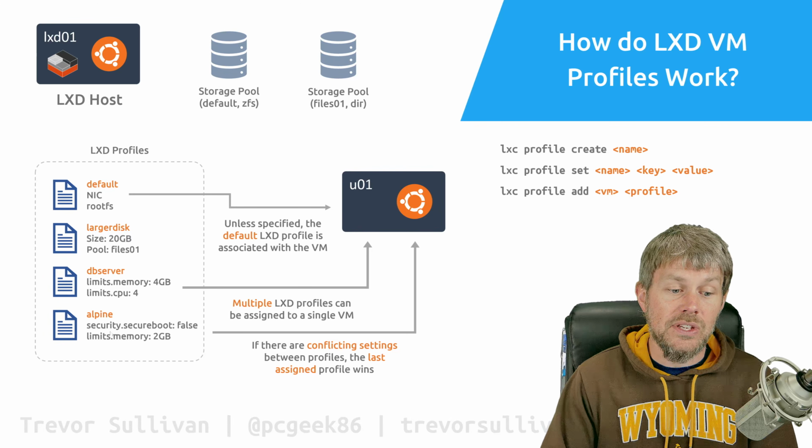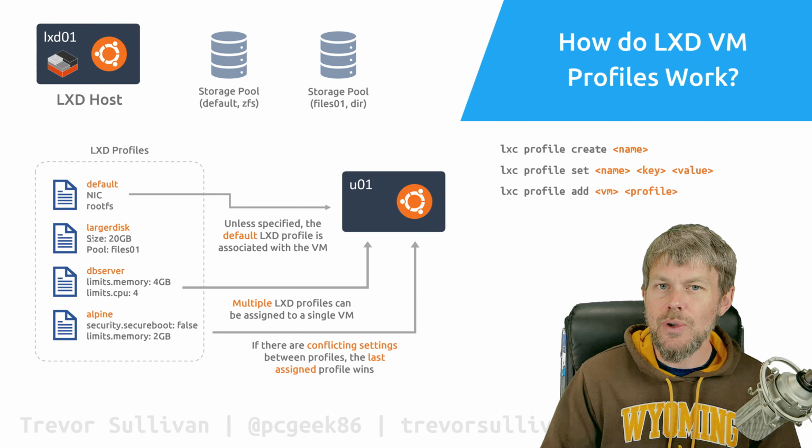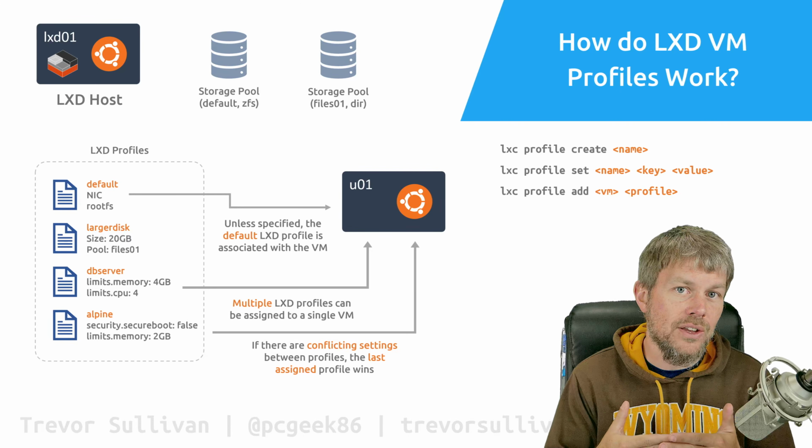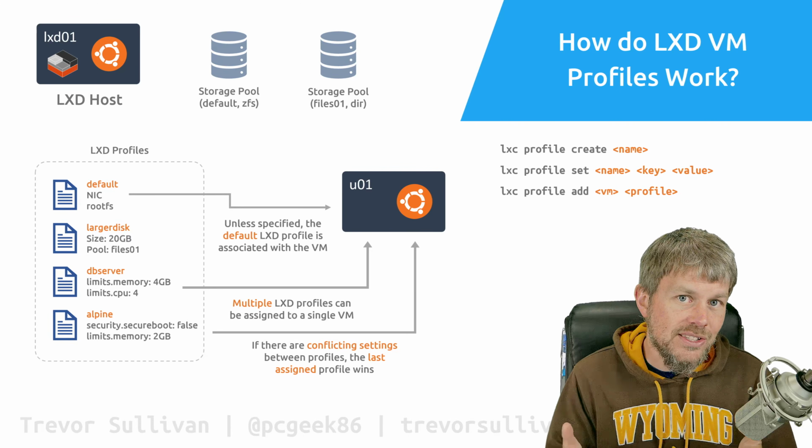But what happens if you run into a situation where you have multiple profiles that are actually specifying the same setting? Well, that results in a conflict, right? We have one profile like DB server that specifies that the virtual machine should have 4 GB of memory, whereas the Alpine Linux profile specifies that the virtual machine should have 2 GB of memory.